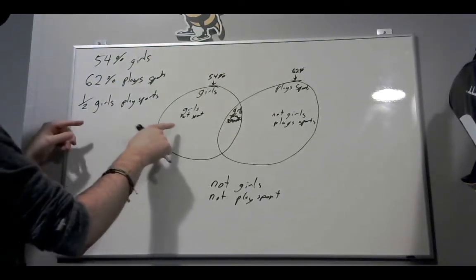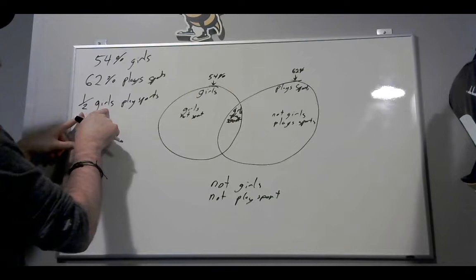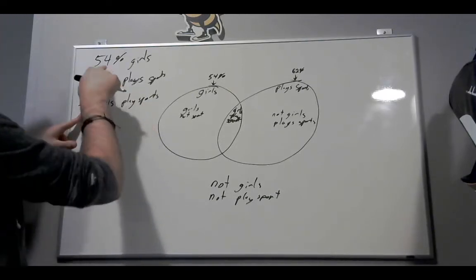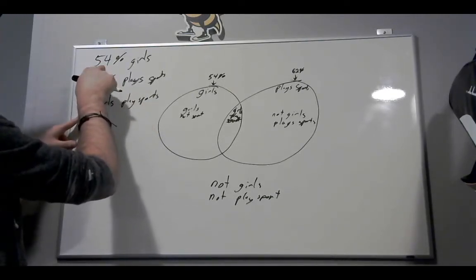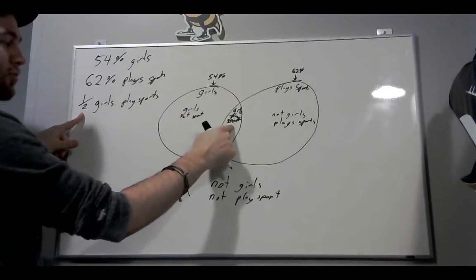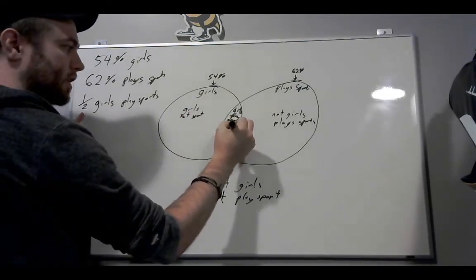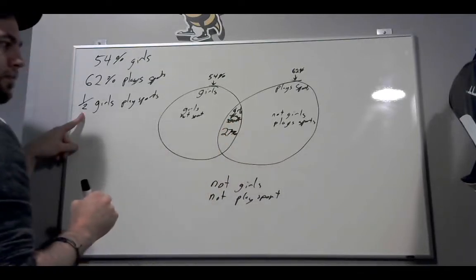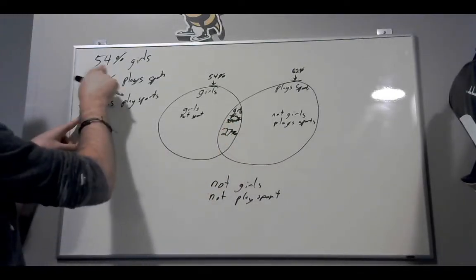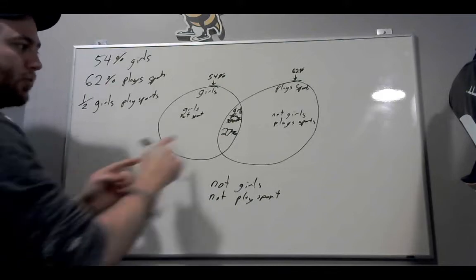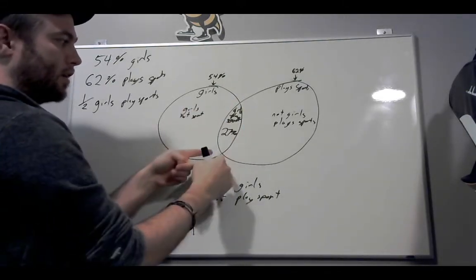First, we know that half of the girls play sports. So half of 54% are girls who play sports. That means inside here is 27%, because half of those girls actually play sports, and that is this section right here.